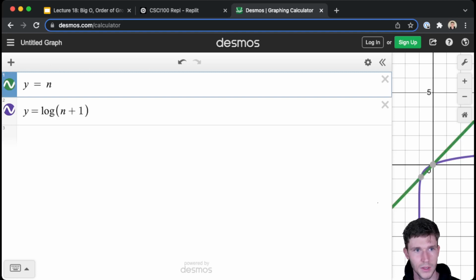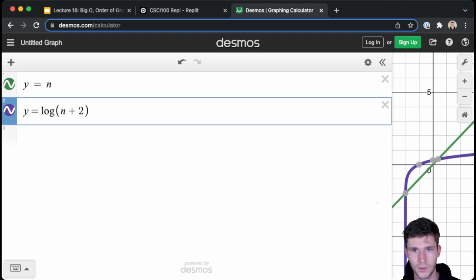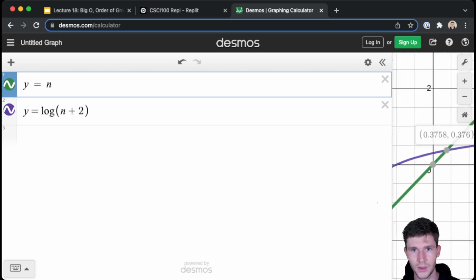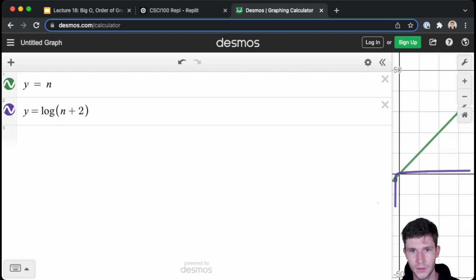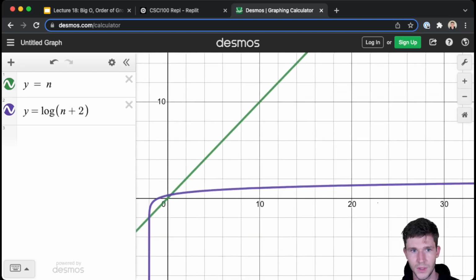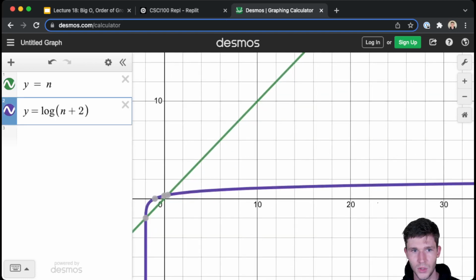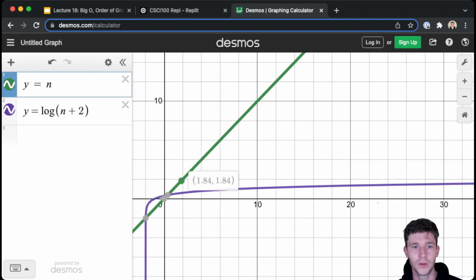So log n grows less quickly than linear. See on this graph on the right. So if our x-axis is the size of our input and the y-axis is the number of operations our program takes, we of course want a logarithmic program, with a logarithmic order of growth, over a program with linear order of growth.